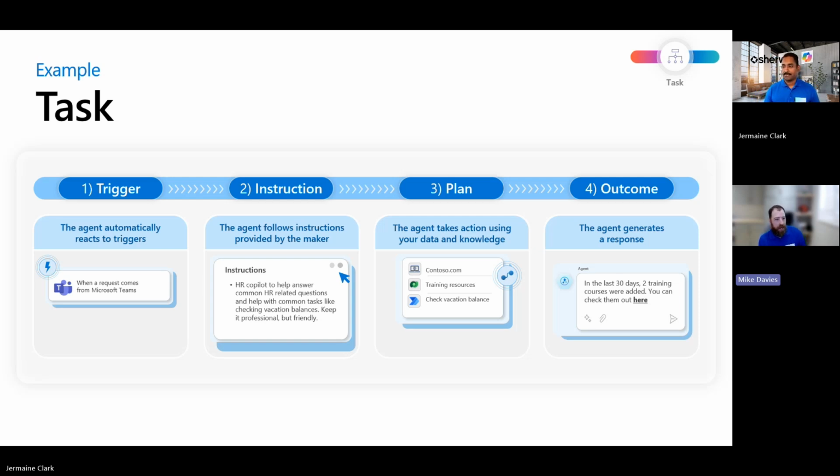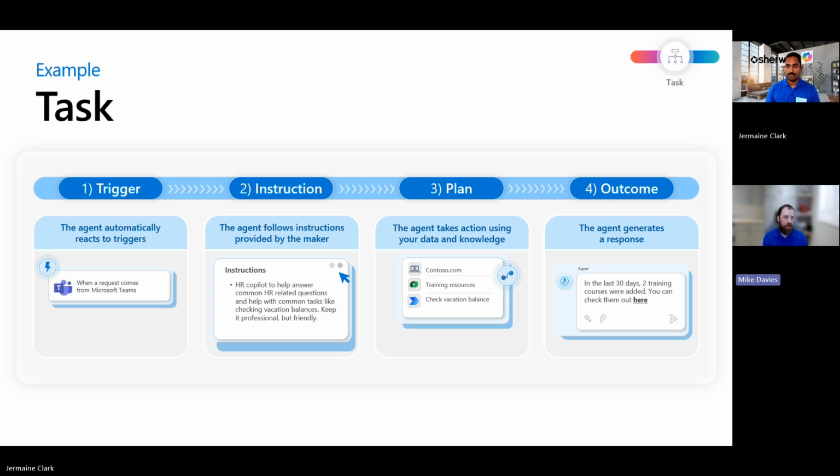So in this case, when a request comes in from Microsoft Teams, the HR Copilot is going to answer common questions, and that's not just going and checking an HR manual or a static document. It's going into the extended tool sets that Copilot may have access to. So if you've connected an HR tool set as a connector or as a plugin within the Microsoft environment, it can go out and validate your vacation balance.